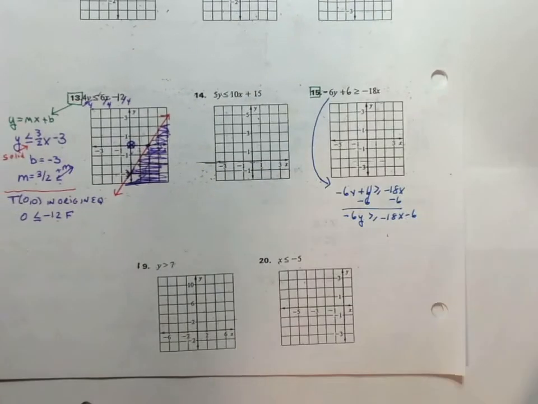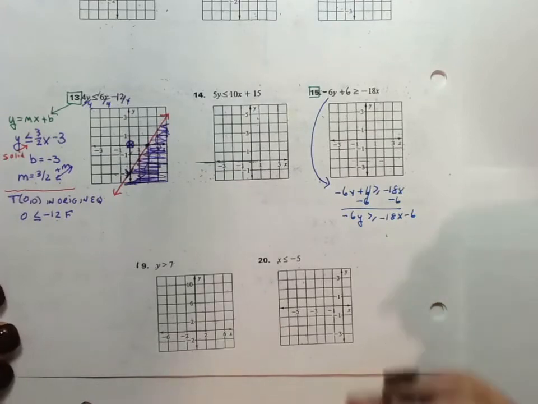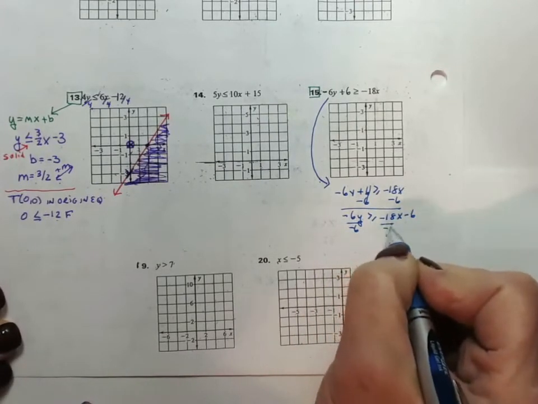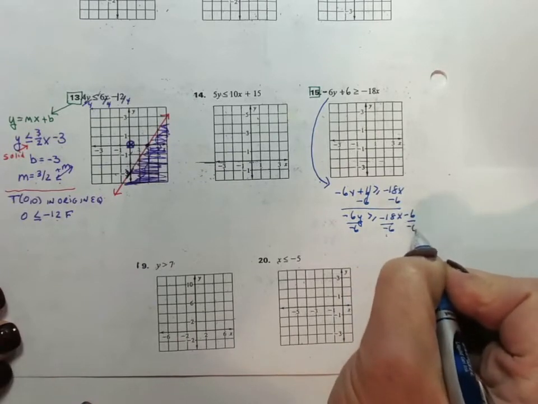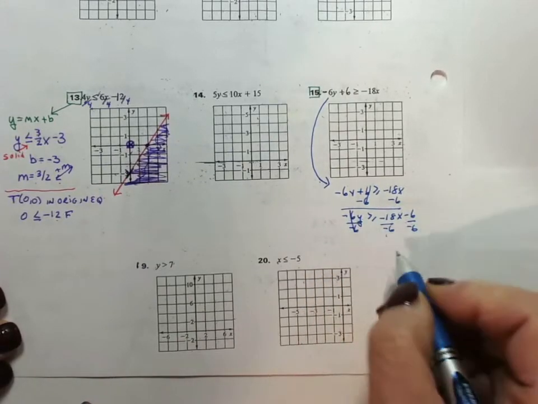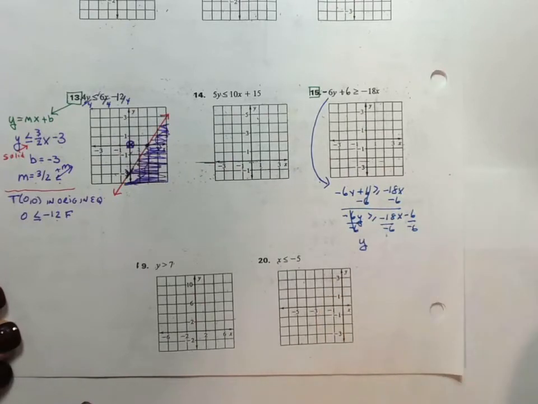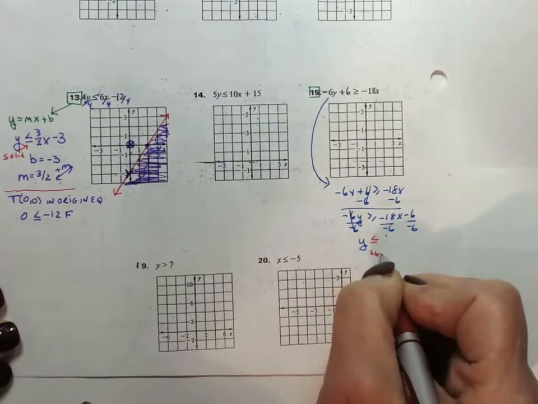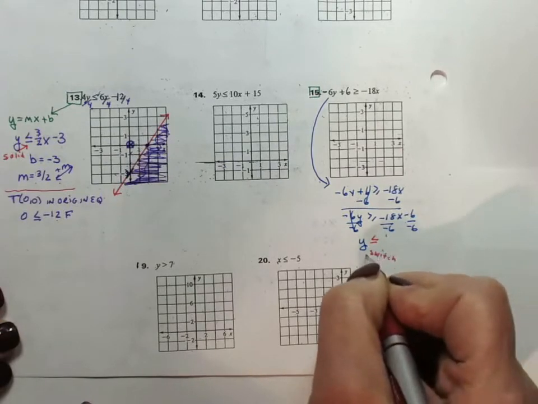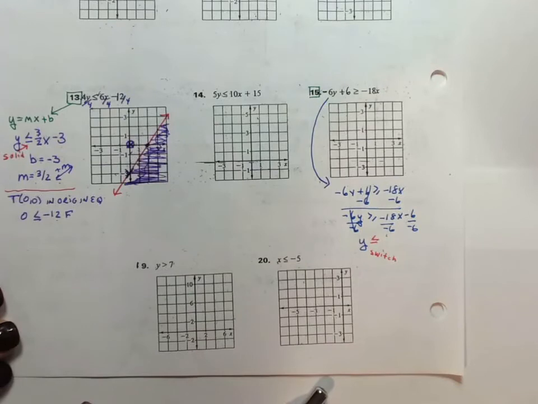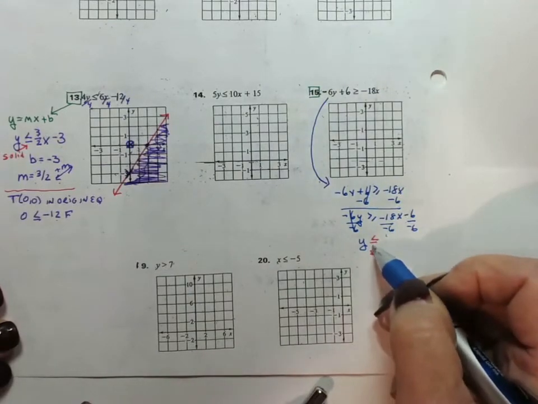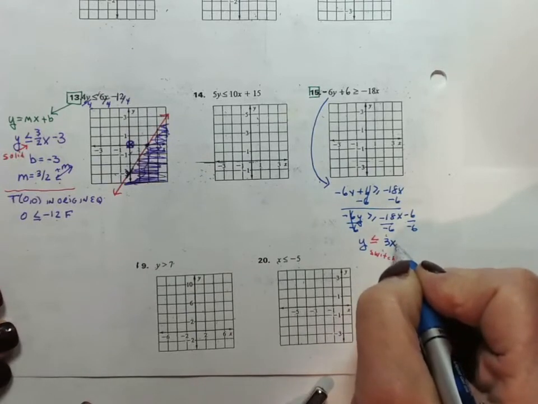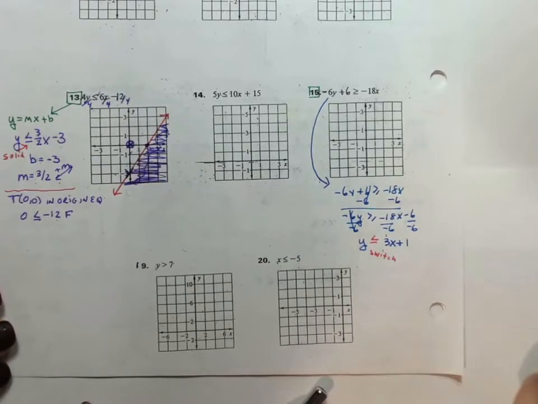And then I have to remember to do something. I'm dividing the variable by negative 6. The variable is divided by a negative number, so I must switch the inequality symbol. So y is less than or equal to 3x plus 1.